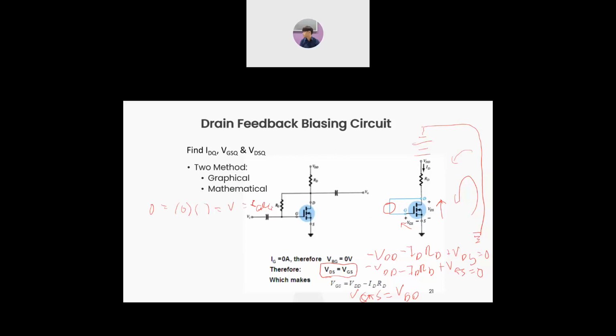I am using this loop. VGS equals VDD minus IDRD.